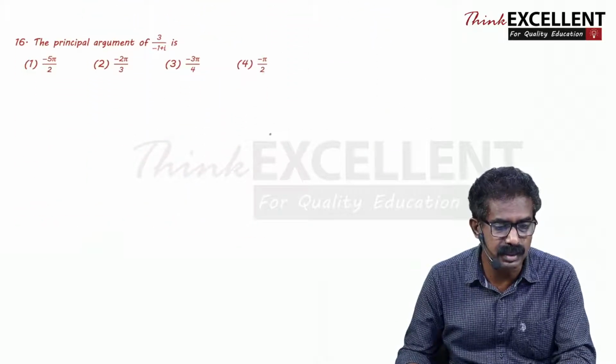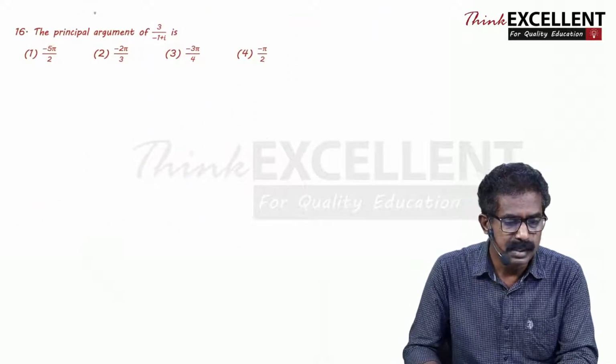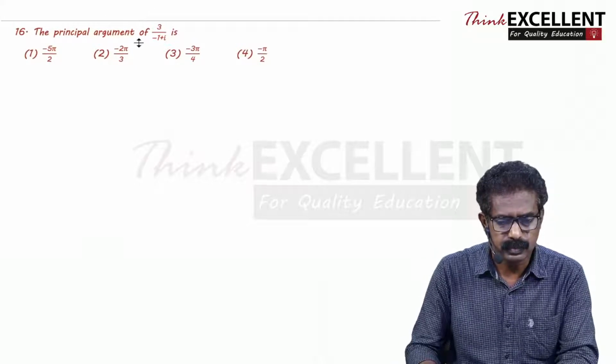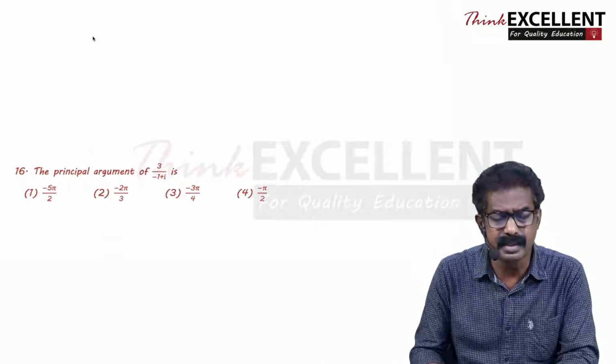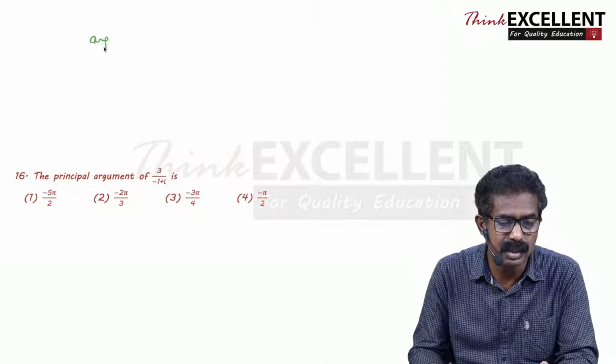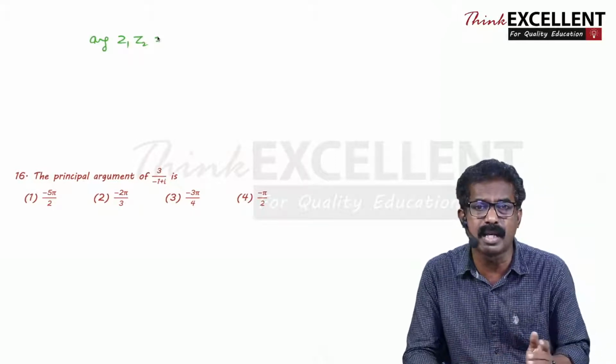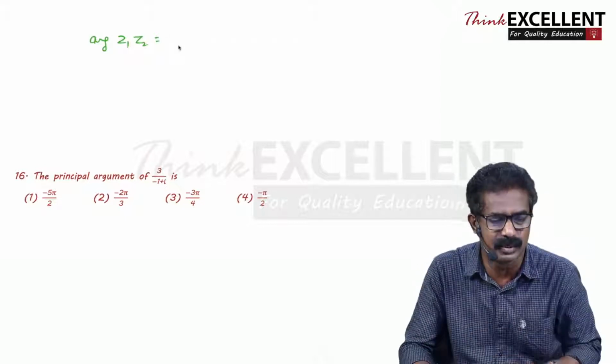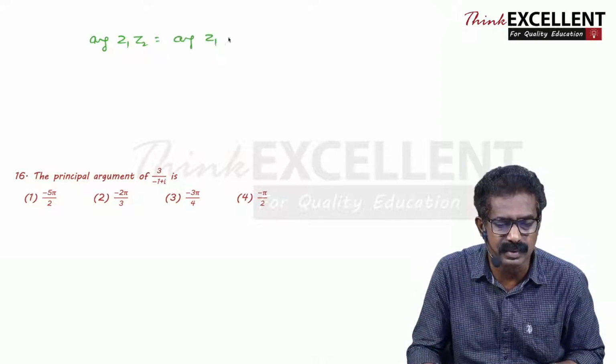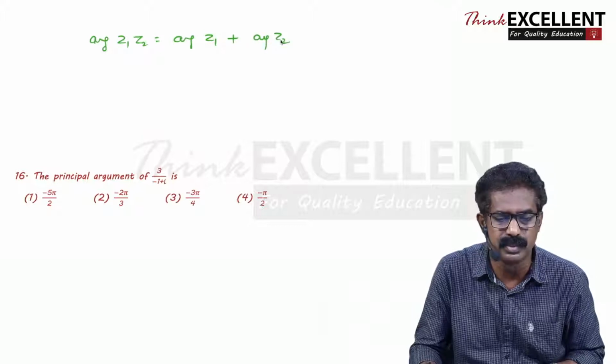Now sum number 16, the principal argument. In argument, one thing you remember is like log. Log of AB can be written as log A plus log B, so argument of Z1 Z2 is argument of Z1 plus argument of Z2.